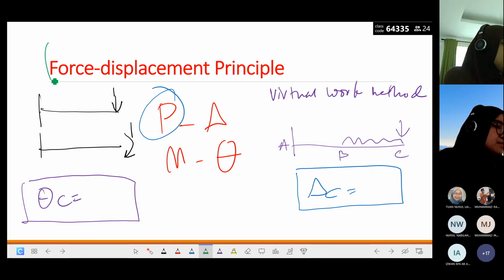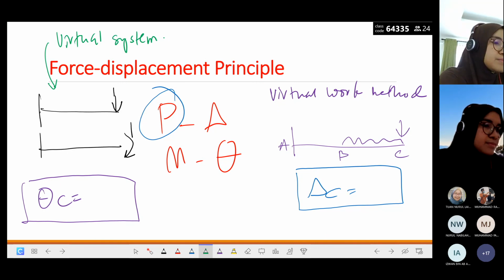Do you remember this? Moment equation. What is this one? The real system. Remember? Real system?